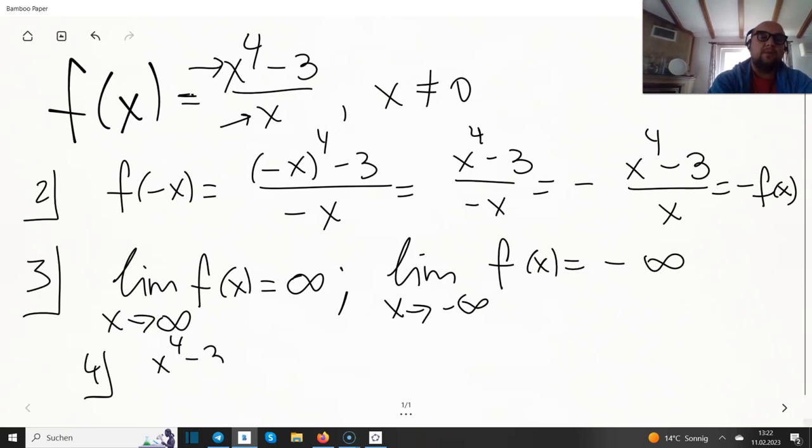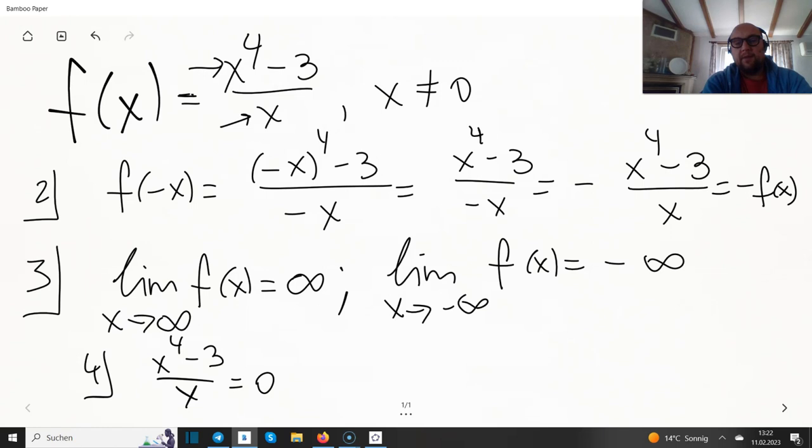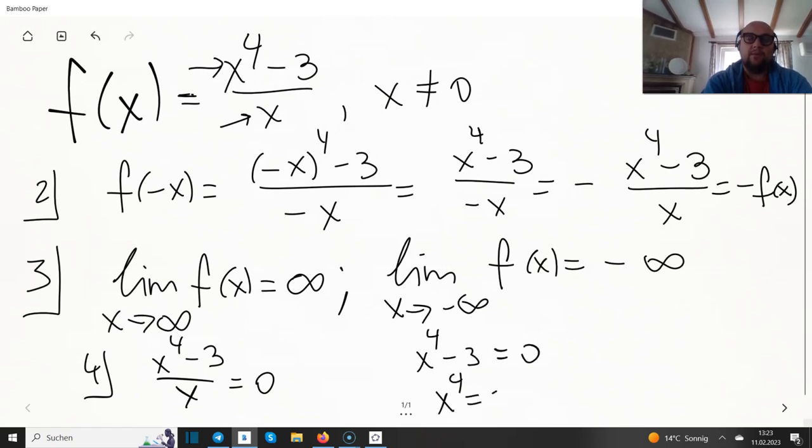Number 4, 0 points. X to the power of 4 minus 3 divided over x equals 0. Well, if you remember, the numerator is 0 and the denominator isn't 0. This is the case for a fraction. The denominator cannot be 0 because we already excluded x being equal to 0, so we're only solving this one. That means x to the power of 4 is equal to 3, and we are going to take a fourth root, which gives us plus minus fourth root of 3.